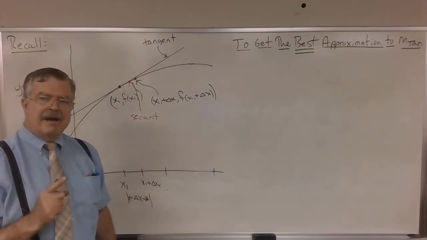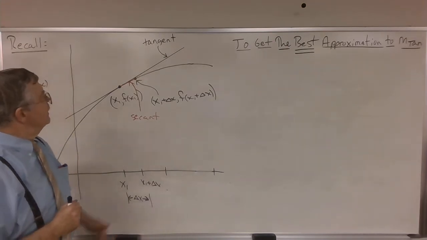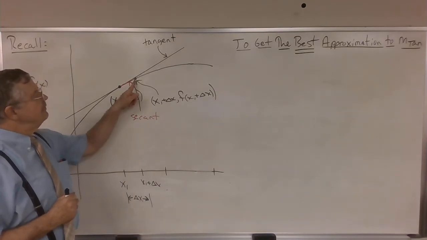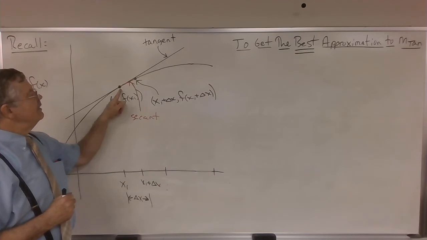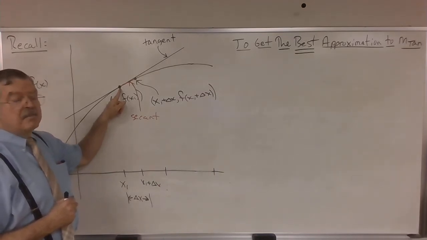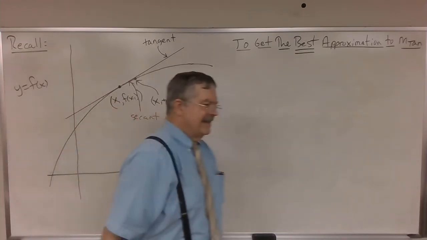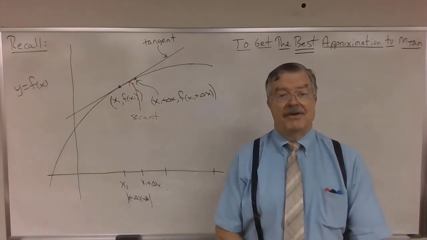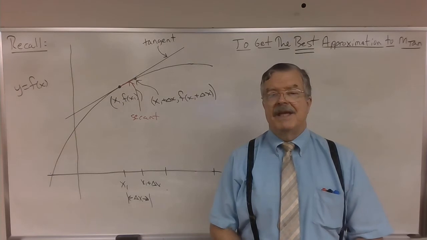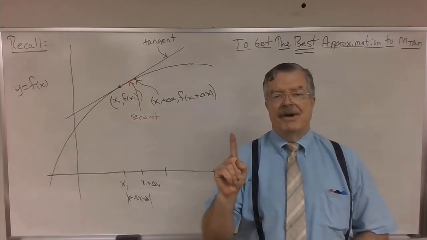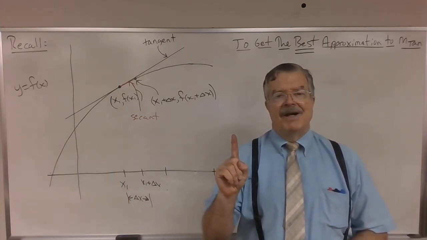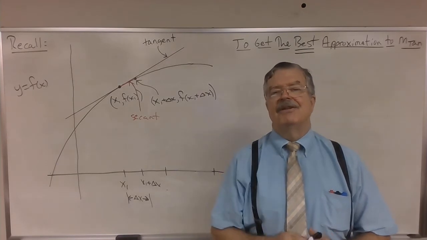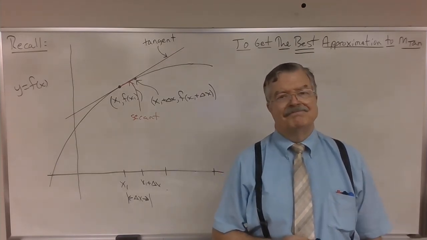The only problem with that is if I actually take this end of the secant and move it so close to the point of tangency that the two become one point, that puts us right back where we started, where we only have one point on a line and we need 2 points on a line to compute the slope.